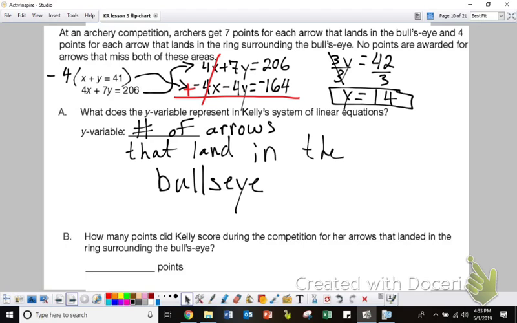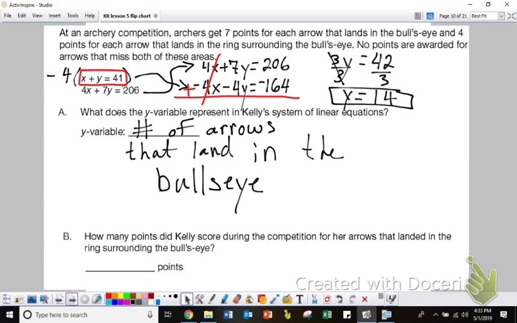That's only part of my answer. Okay. So the y is equal to 14, and I need to find the x value. So now I got to plug this 14 back into either one of the equations, and I would highly recommend that we start using this original x plus y equals 41. It's going to be just the easiest way to get the answer.